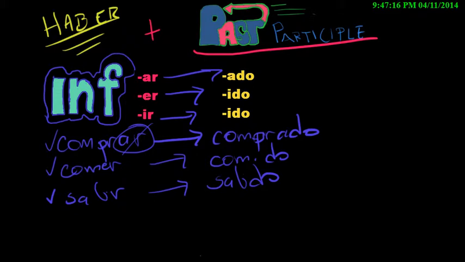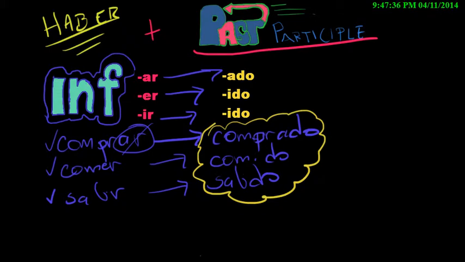So let's see how to combine the ado, ido endings to form the compound forms of the verb. This is the present compound.